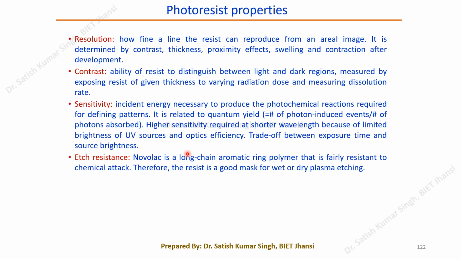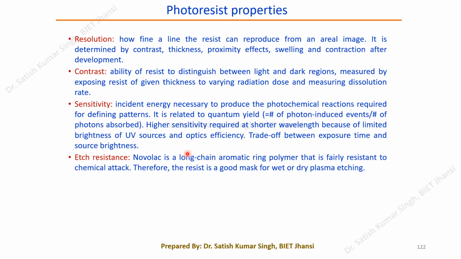What will be the next step? The next step may be that you want to remove the SiO2 layer under the photoresist. While removing the SiO2 layer, the other part of the photoresist should be able to resist the chemical reactions. It should be intact there.